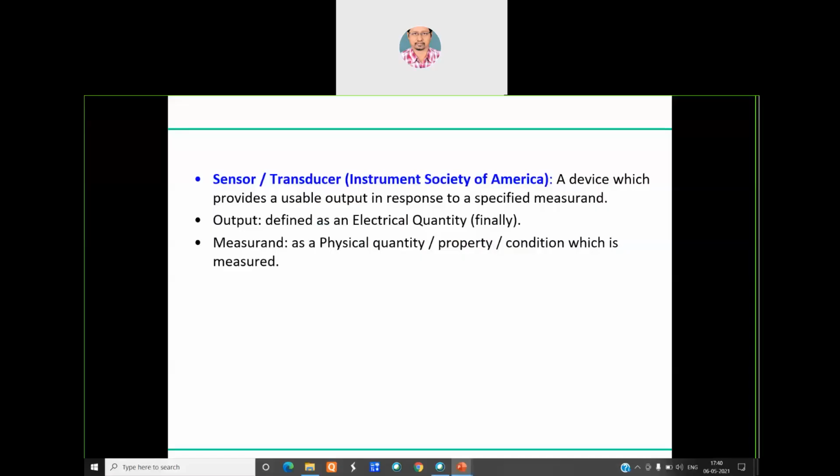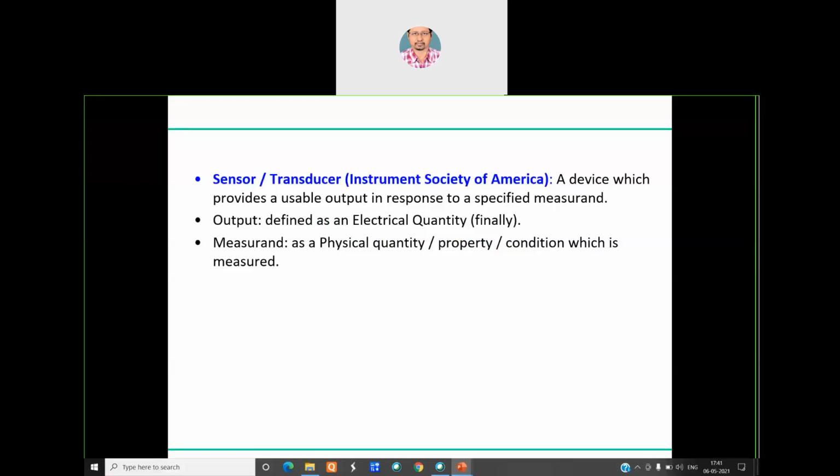In other words, as far as the Instrument Society of America is concerned, we can say that it is a device which provides a usable output in response to a specific measurement. What do you mean by measurement? A quantity or a variable which is under measurement, which wants to be measured. That is called a specific measurement.